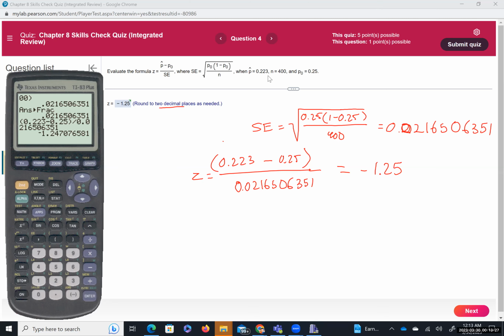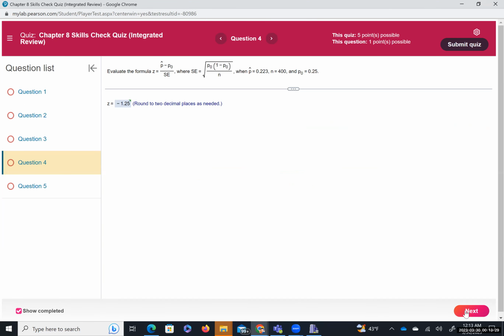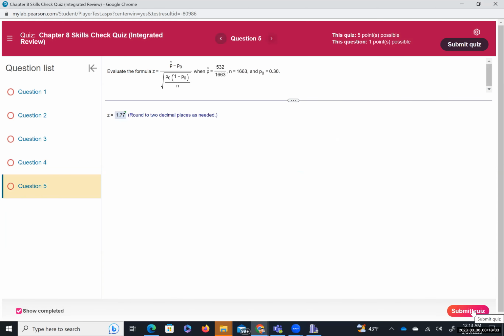So let's move to the last question. Okay, here you go. Another fraction form that has so many things.